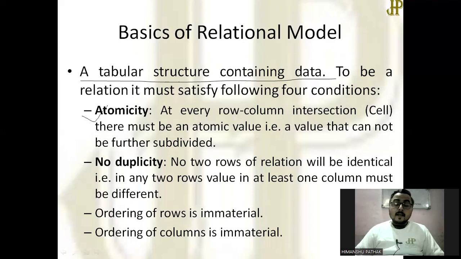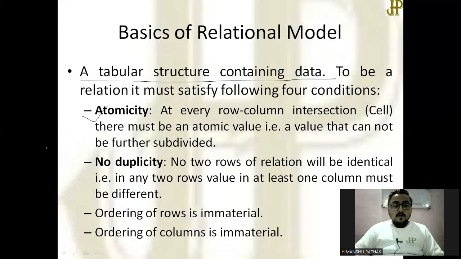Name can be further divided into three parts: first name, middle name, last name. So, to be relational model, name cannot be a column name. There should be at least two columns considered as first name, last name. Or there can be three columns, first name, middle name, and last name. Then that data is called atomic data.